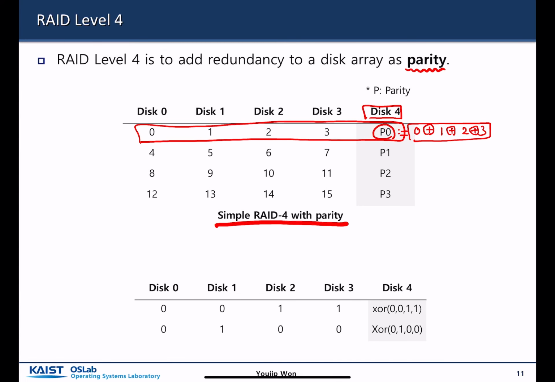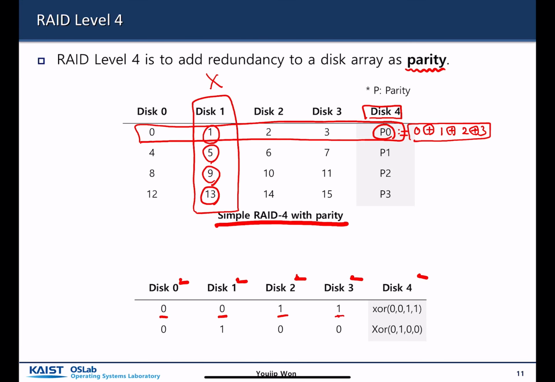In RAID 4, if one of the disks dies, for example if disk 1 crashes, then we can rebuild the rest of the blocks using parity. So let me give you an example with disks 0, 1, 2, 3, and 4. Disk 0 contains 0, disk 1 contains 0, disk 2 contains 1, disk 3 contains 1.